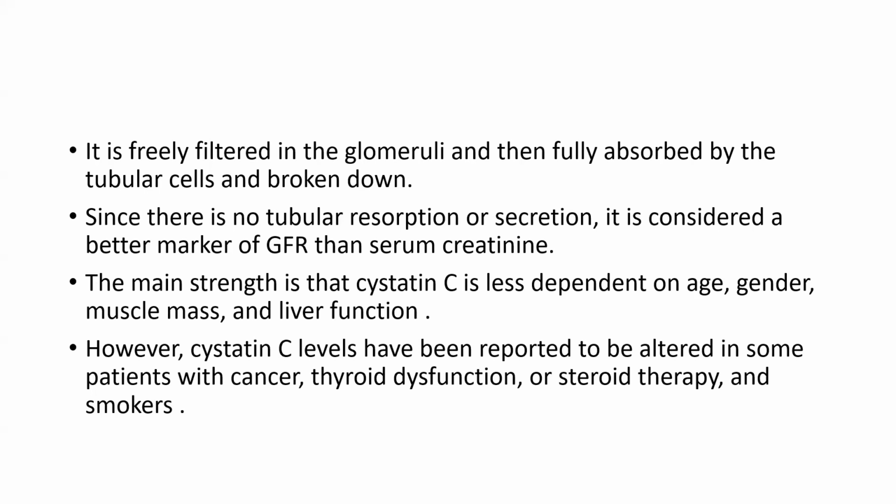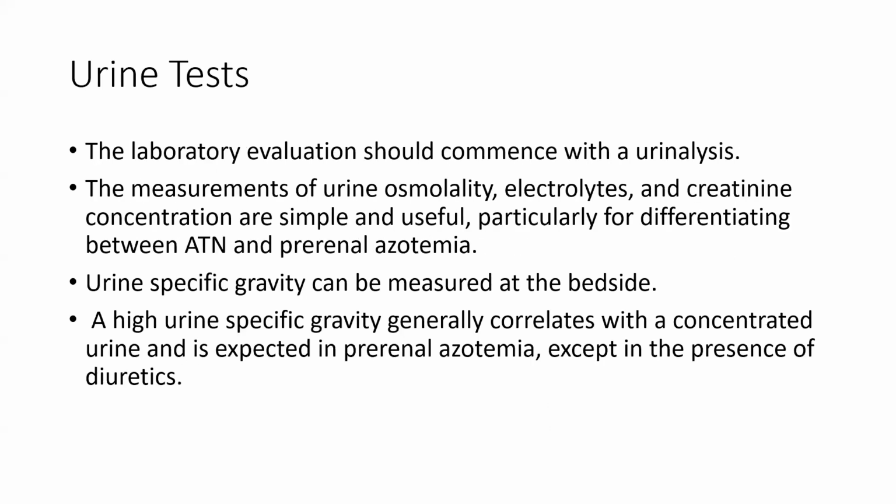Since there is no tubular reabsorption or secretion, it is considered a better marker of GFR than serum creatinine. The main strength is that cystatin C is less dependent on age, gender, muscle mass, and liver function. However, cystatin C has been reported to be altered in some patients with cancer, thyroid dysfunction, steroid therapy, and smokers.